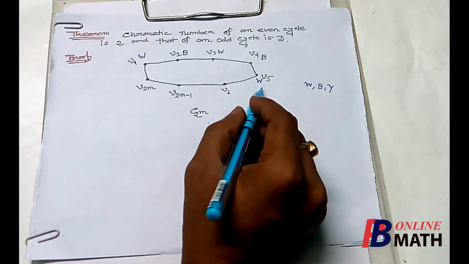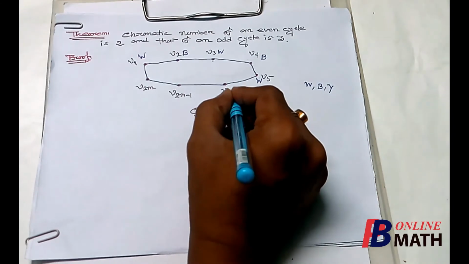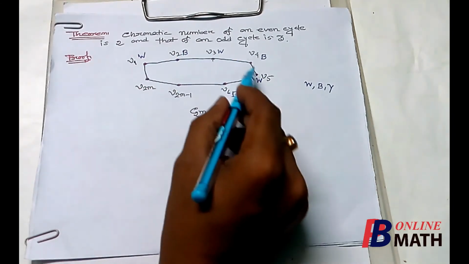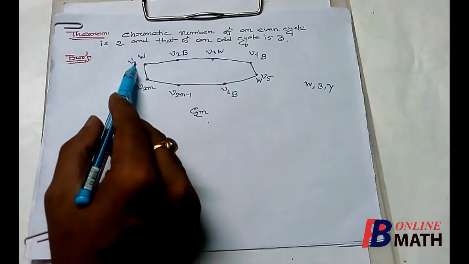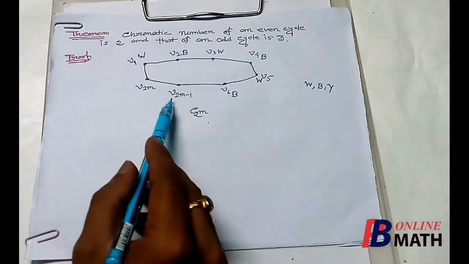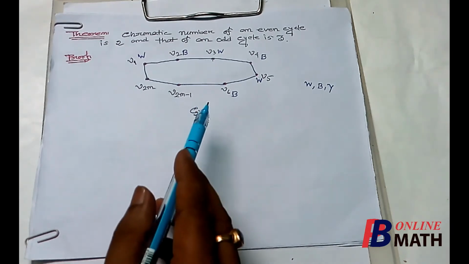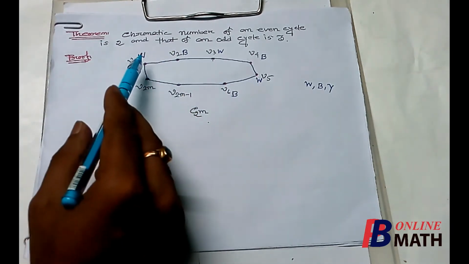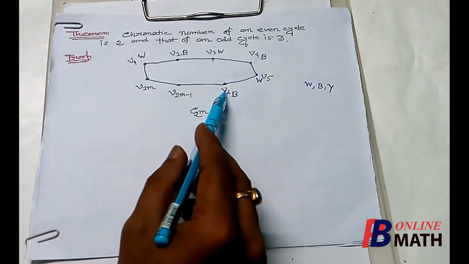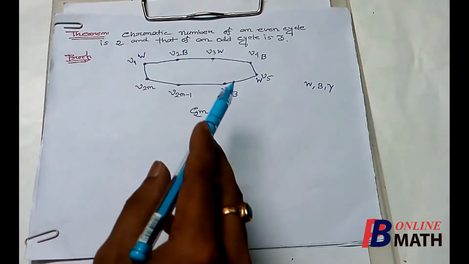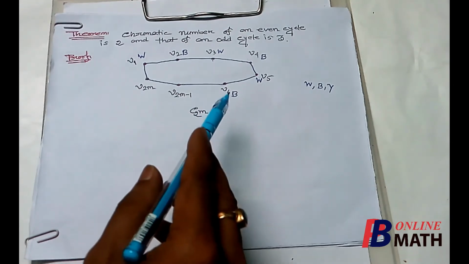Similarly, we can assign white color here and blue color here. So continuing in this process, we have found that the vertices v1, v3, v5, etc. can be colored with the same color white, and v2, v4, v6 these vertices are colored with the same color blue.